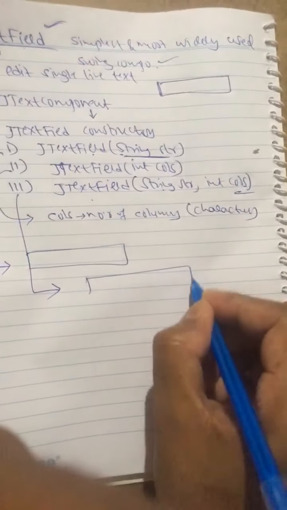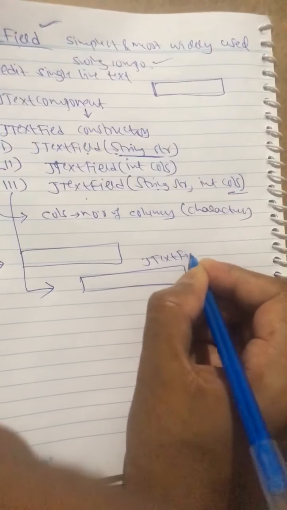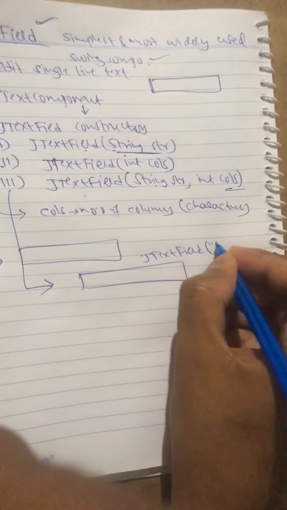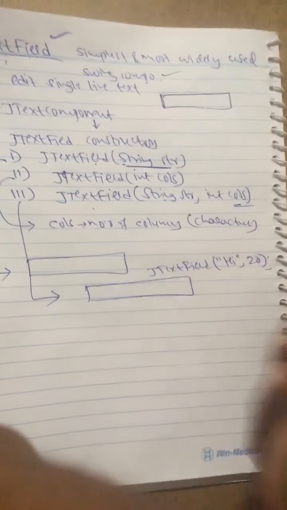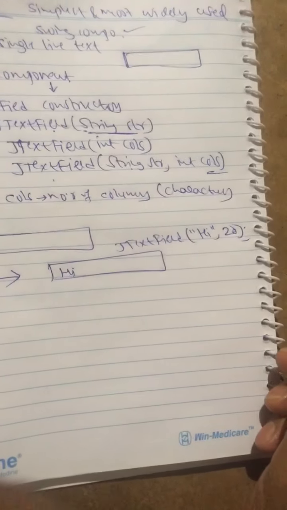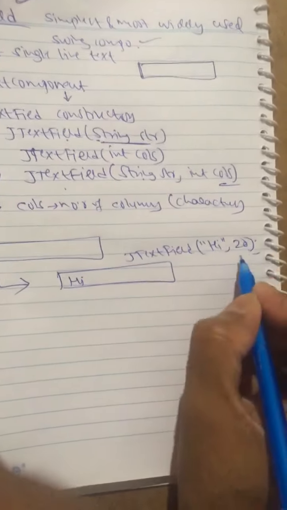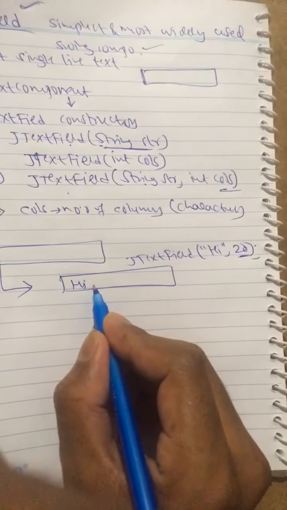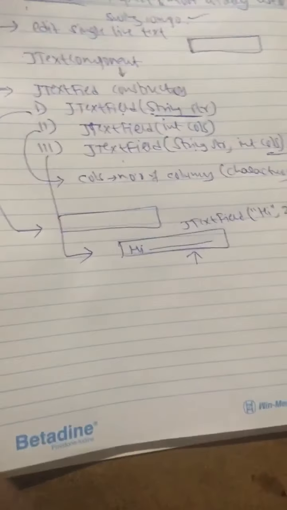For example, I am creating JTextField with "hi" and 20. The text "hi" will be displayed in this text field by default, initially, whenever you execute the program, and 20 characters means you can enter only 20 characters in this text field. So this is about the third constructor.